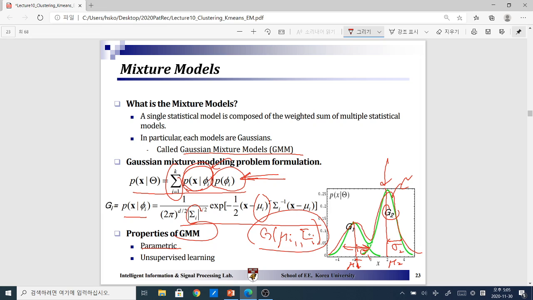What are the parameters? First of all, it's got the mean and the covariance for each of these Gaussians, and we have also P of phi sub i, which represents the weight. So these are the parameters that, if we do have that information, can define a certain multimodal mixture model case like this.